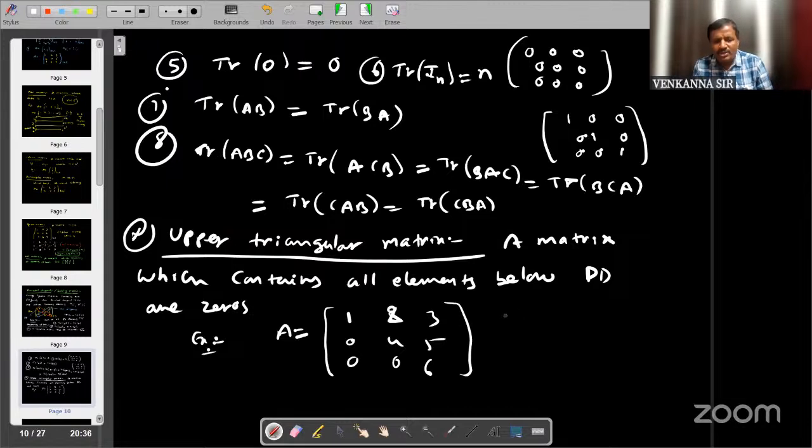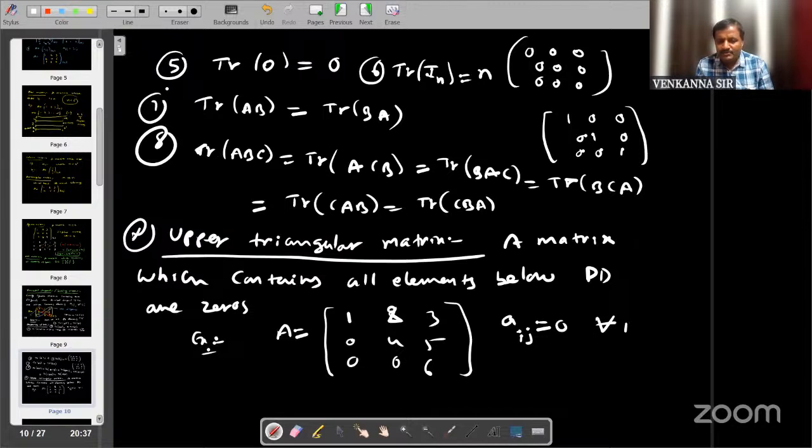In terms of Aij, you can write Aij equals 0. Observe, this condition is very important. What is the relation between i and j here? Row number is 2, column number is 1. Row number is 3, column number is 1. For this element, row number is 3, column number is 2.